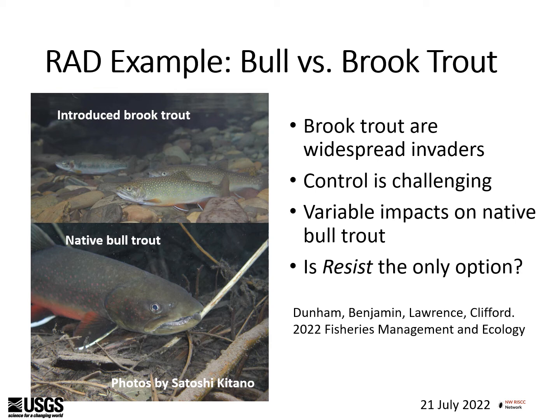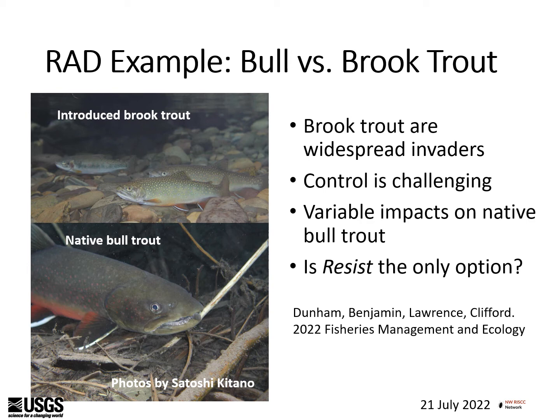Control of the species is really challenging. They're very widespread. About 70% of Oregon's alpine lakes are stocked with brook trout or have been stocked with brook trout. So they're everywhere. People like them, so in some places they don't want us to try to control them. But they do have impacts on native species like bull trout. These are both the same genus, Salvelinus.